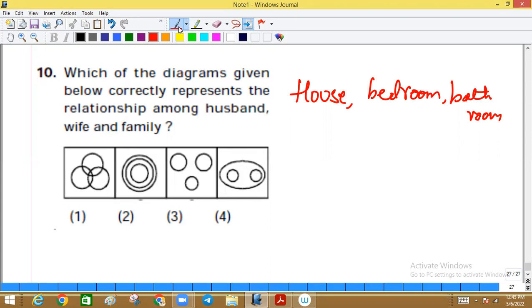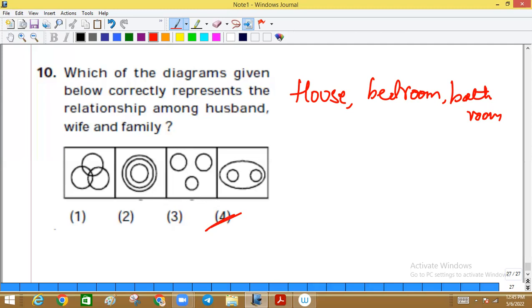Okay, there may be an attached bathroom also. See, that is not a part of your bedroom; you are saying attached. When you use the word attached, it is not a part of your bedroom. Even if they're having only one bathroom and you attach it to your bedroom, it doesn't mean that it is a part of your bedroom. A bathroom is always a bathroom only, it cannot become your bedroom. In the same way, your bedroom cannot become a bathroom even though it is attached. It's some logical thing, so obviously the answer is option 4.